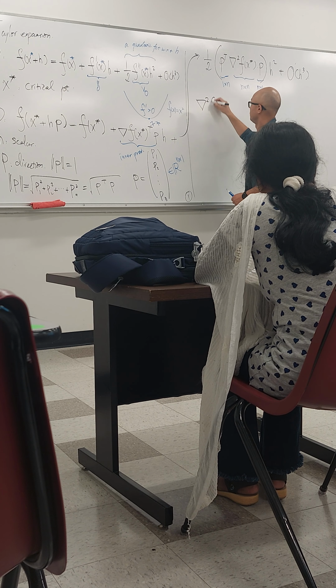This is the direction, like our P, in the sense that this is 1. Then this P transpose, maybe I shouldn't use P. Let's change to another letter, P1, P2.